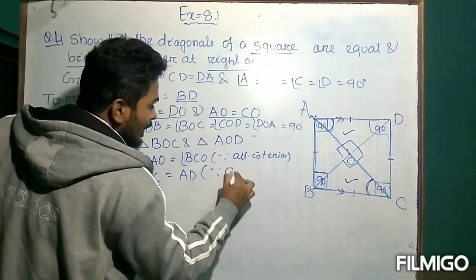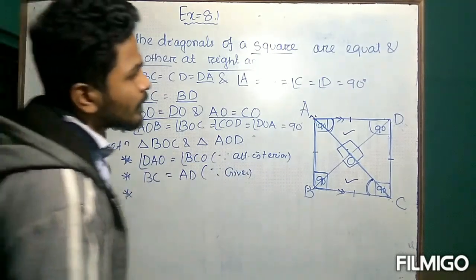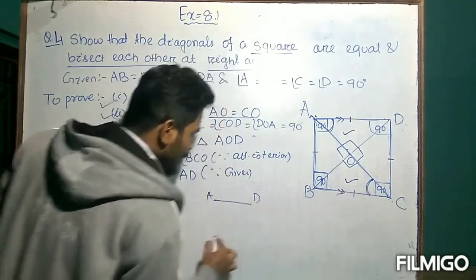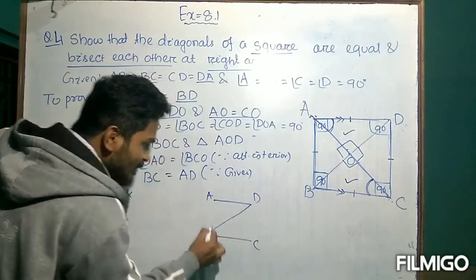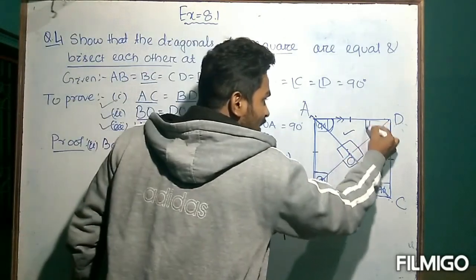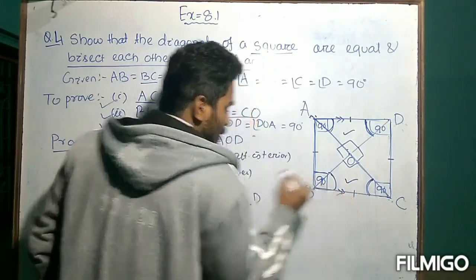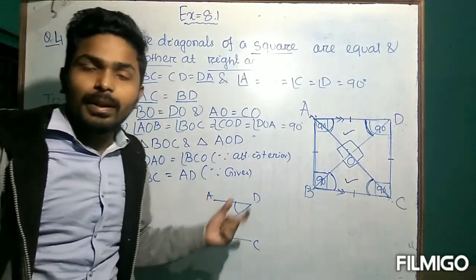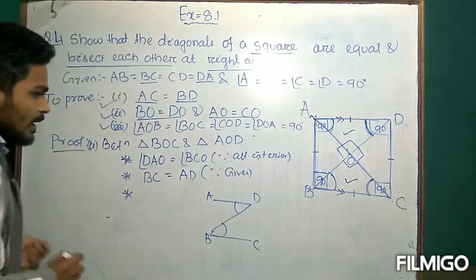It is given. The third condition is, if we consider AD and BC be two parallel lines and DB is a transversal line, then this angle is equal to this angle. Why? Because here also these two angles are a pair of alternate interior angles, and the pair of alternate interior angles are equal.